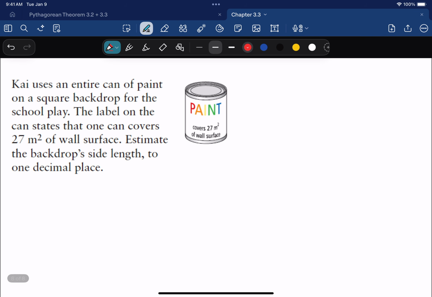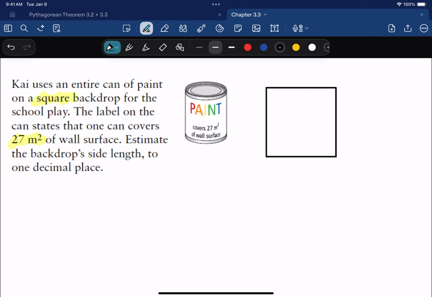So the last example, let's do it together. Kai uses an entire can of paint on a square backdrop. So we know it's a square. We're always picking out our key information. Square backdrop for the school play. The label on the can states that one can covers 27 meters squared of wall surface. So we have ourselves a square backdrop. Okay, there we go.